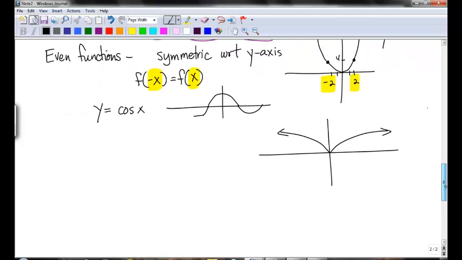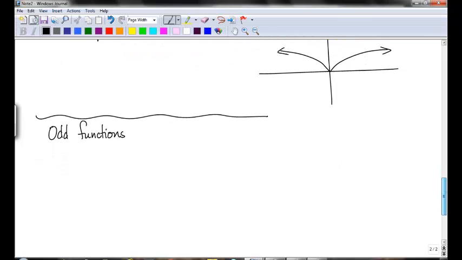We also did odd functions. Odd functions are symmetric with respect to what? The origin. Good memory.